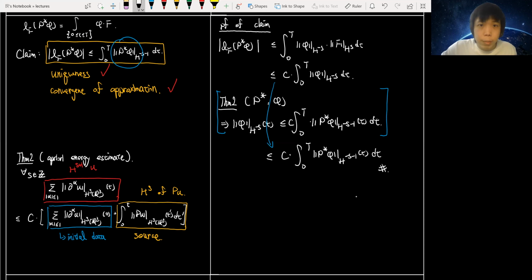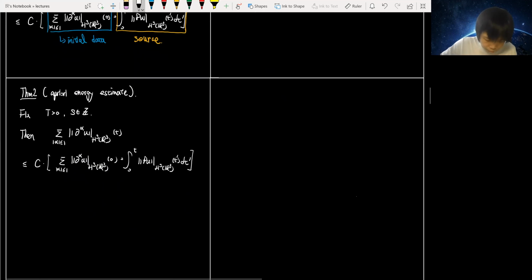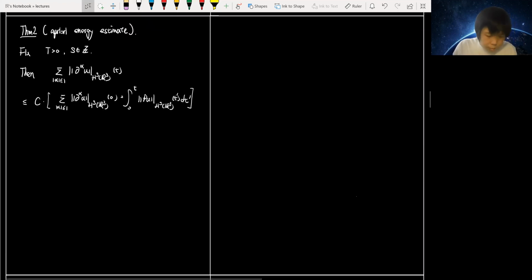So the thing that remains is to prove this a priori energy estimate, which is on the left-hand side. And the argument will go like the following. In step 1, we're going to prove the case for S equals 0.